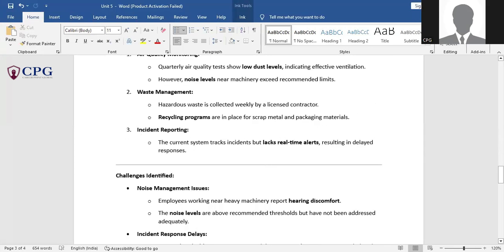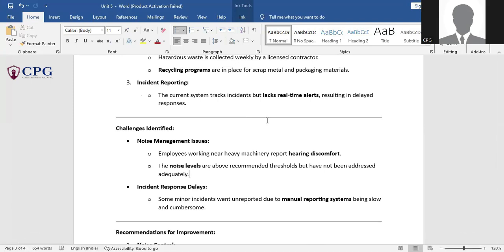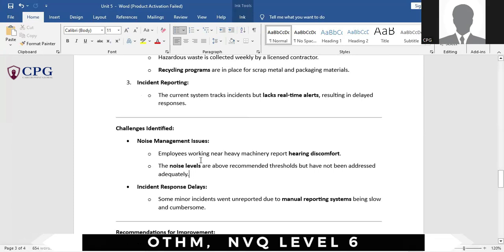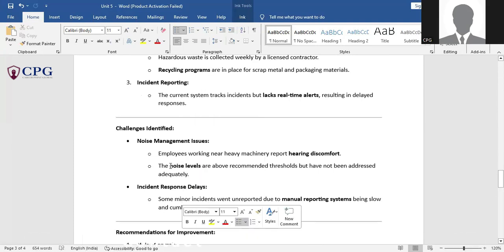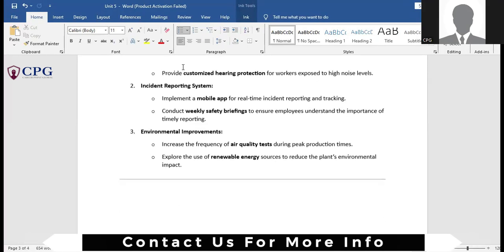So you will be understanding the various challenges ahead. For the noise management issues or incident report delays, like the noise in the working area is very high, or various incidents are not reported. So, what would be the recommendations that you would be providing over there? What kind of positive things can you do in order to improve the situation over there?